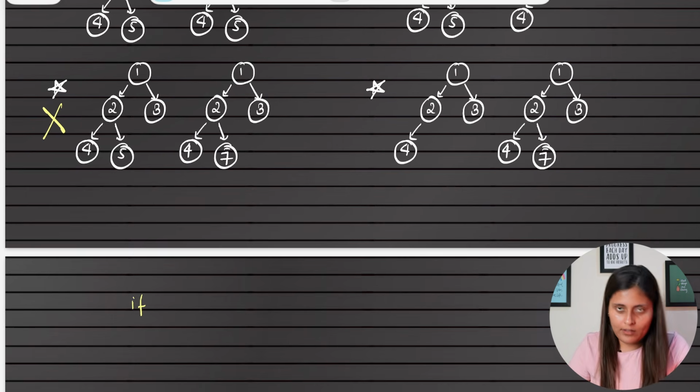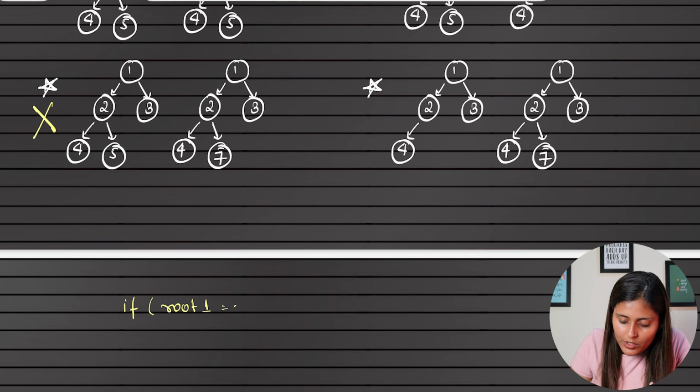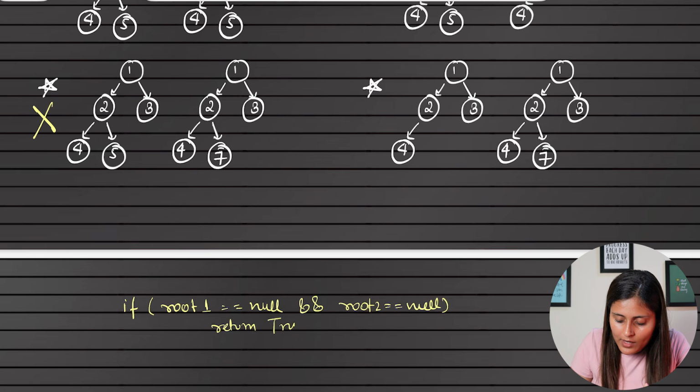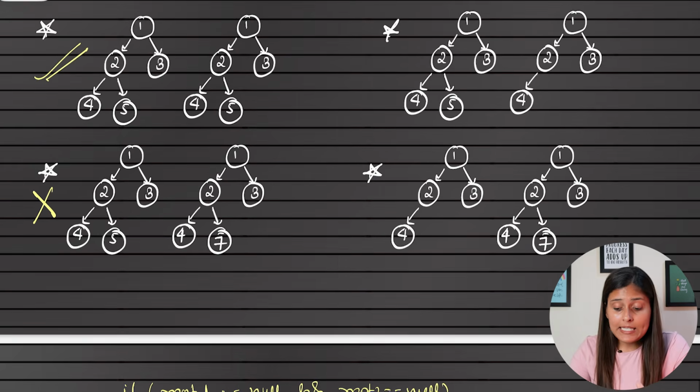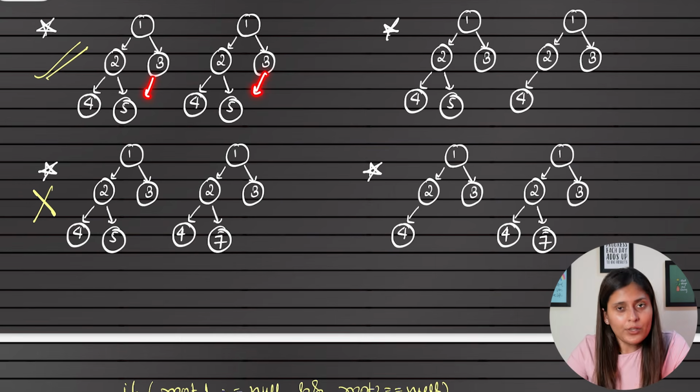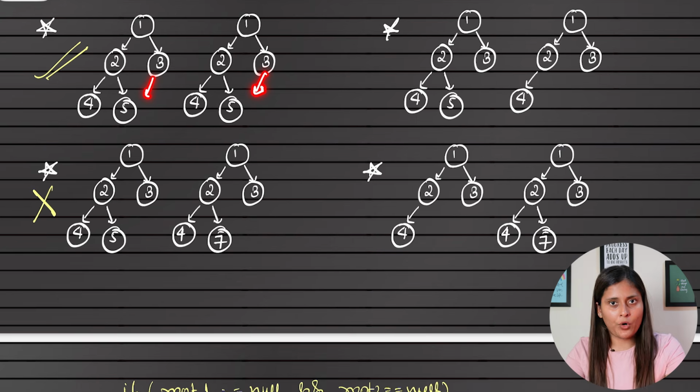If root1 is equal to null and root2 is also null, I can say, hey, yes, you are the same tree. It means when both are null, we don't need to check whether values are there or not, because both are null. I can say yes, it is the same tree.